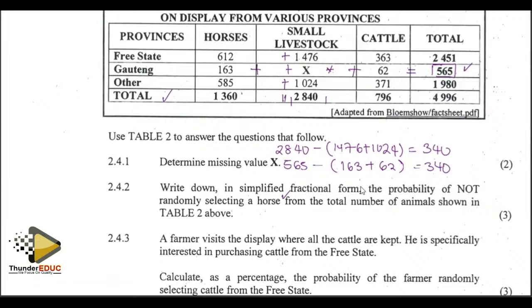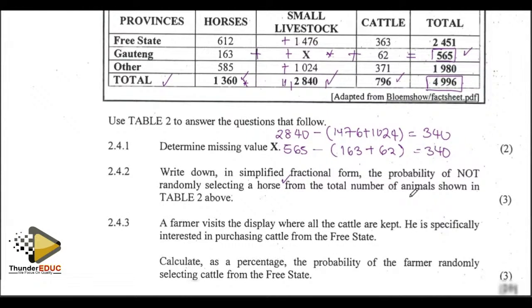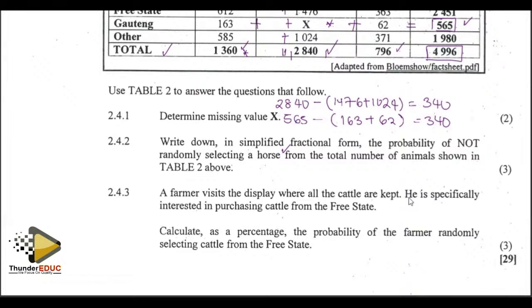So if you don't pick these, that means you're going to pick the 2,840 and 796, but out of 4,996. So the probability of not picking a horse was supposed to be 2,840 plus 796 divided by the total number of animals.